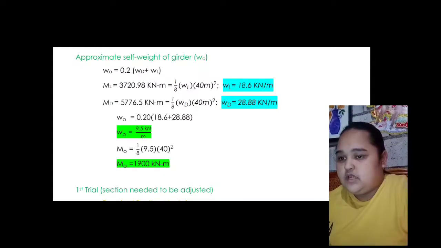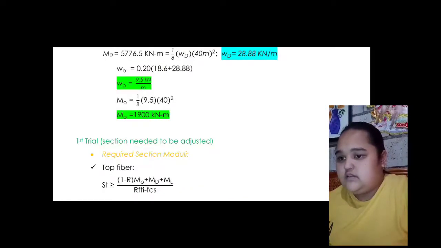WL is equal to 18.6 kilonewton per meter. And MD is equal to 5776.5 equal to 1/8 WD 40 squared. WD is equal to 28.8 kilonewton per meter.